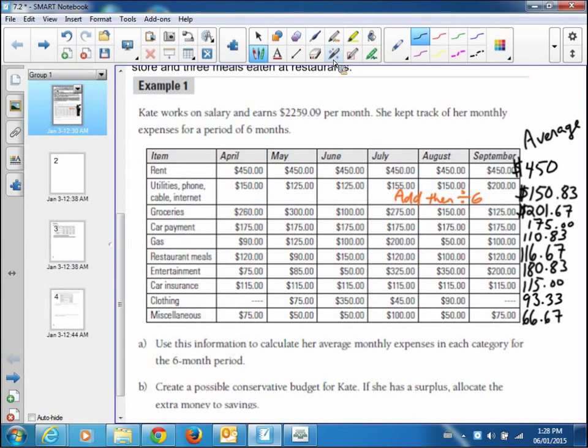Good. Now, who does not understand how to take an average? That is a basic thing that we're reviewing. I need you to understand that. What we just did was use the information above to calculate the monthly expenses for the 6-month period. You all understand what an average means, right?